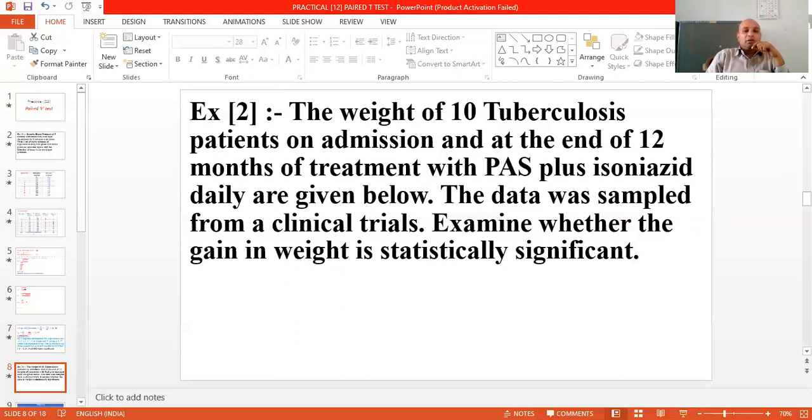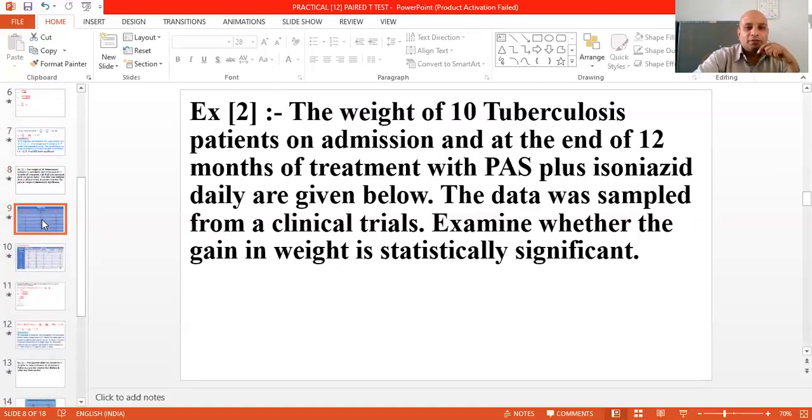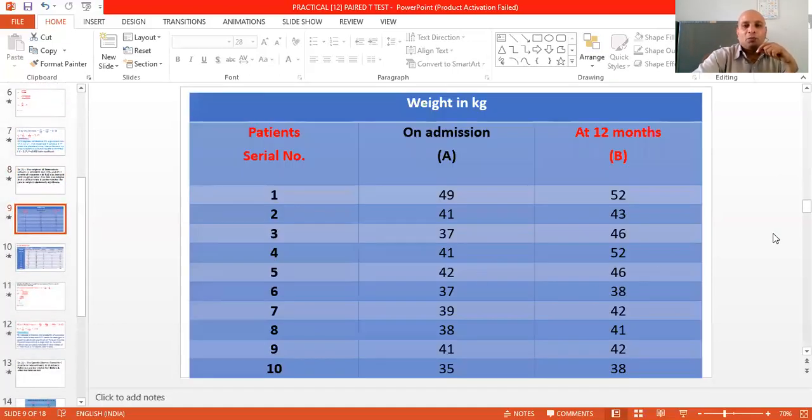Examine whether the gain in weight is statistically significant. The data is weight in kg on admission and at 12 months.